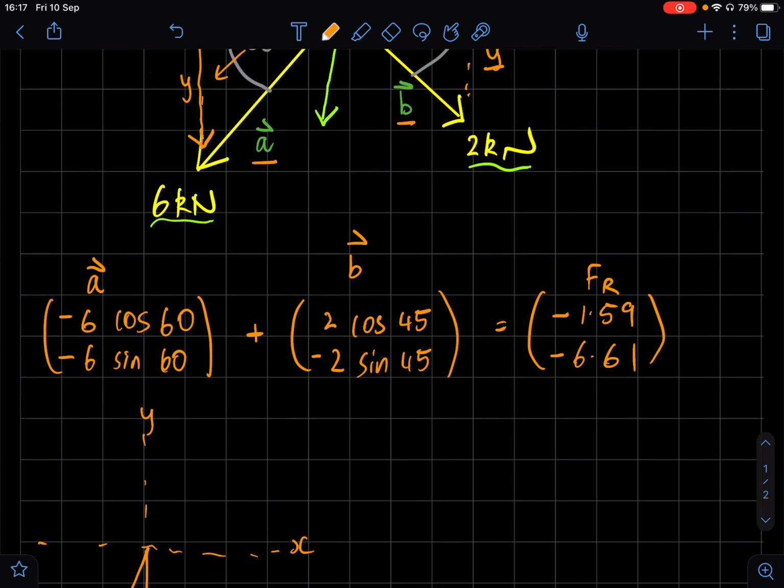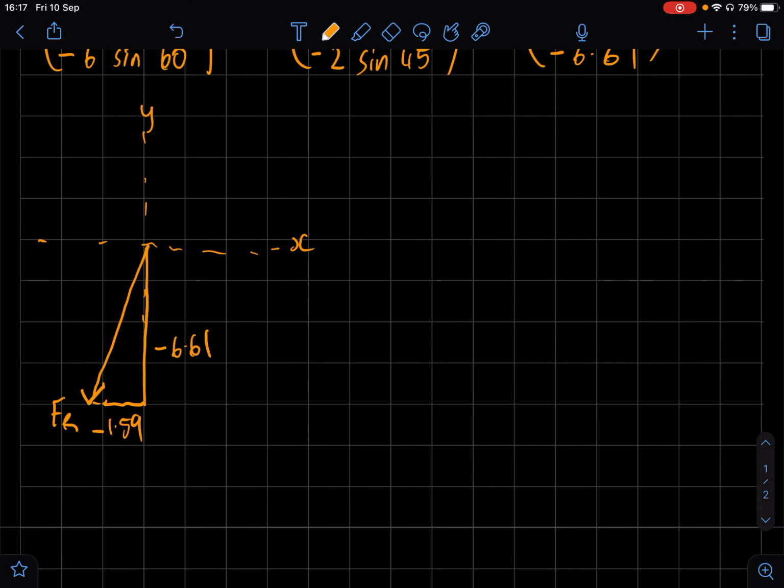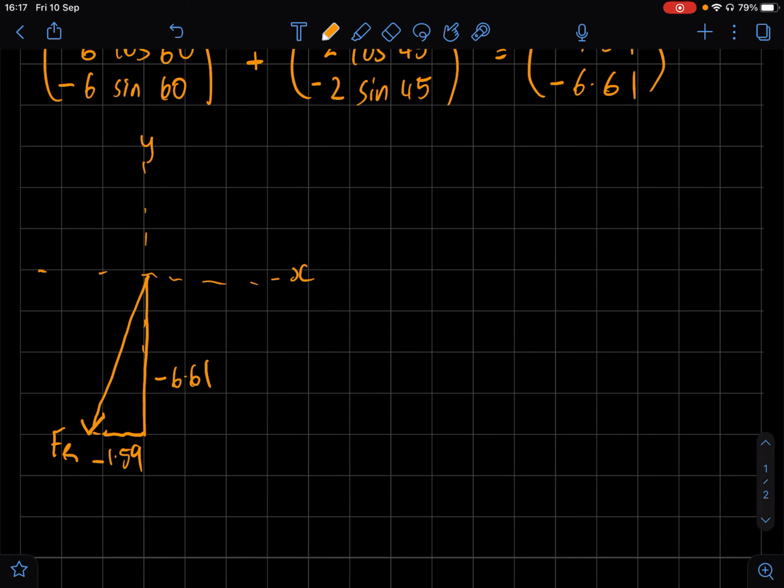The question asks us to determine the magnitude as well as the direction, which is any vector really. If we want to determine the magnitude, we just have to do a squared plus b squared for these components of the triangle.